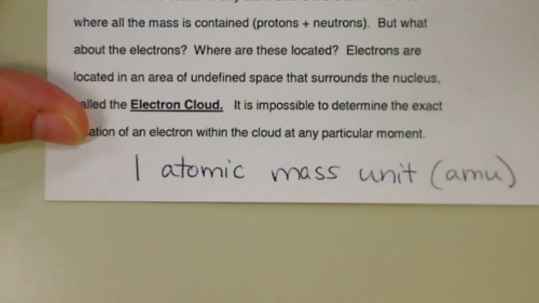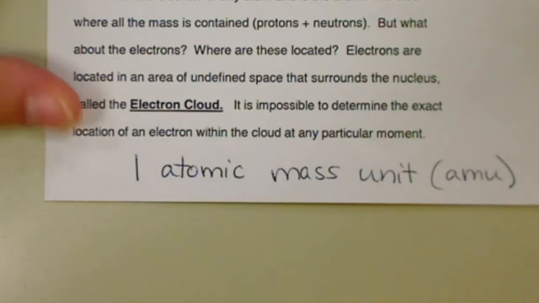If you remember back to the Bill Nye video we watched in class today, an electron is only a very small fraction, like 1/10,000th the mass of a proton or neutron. So that little particle that's zipping around the nucleus has such little mass that we say that its mass is negligible.